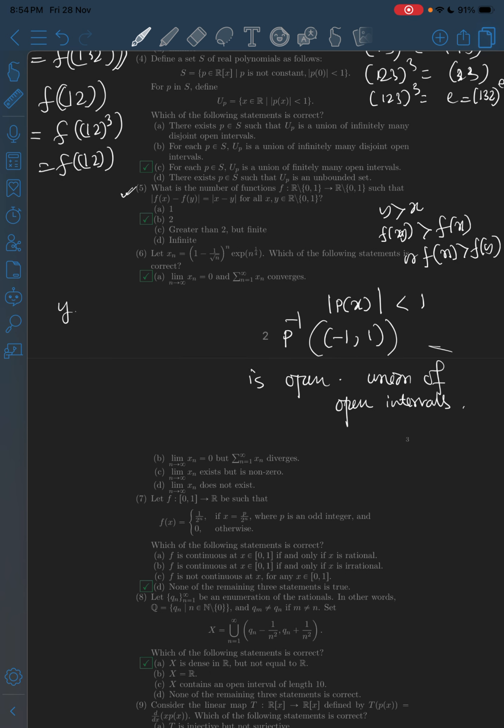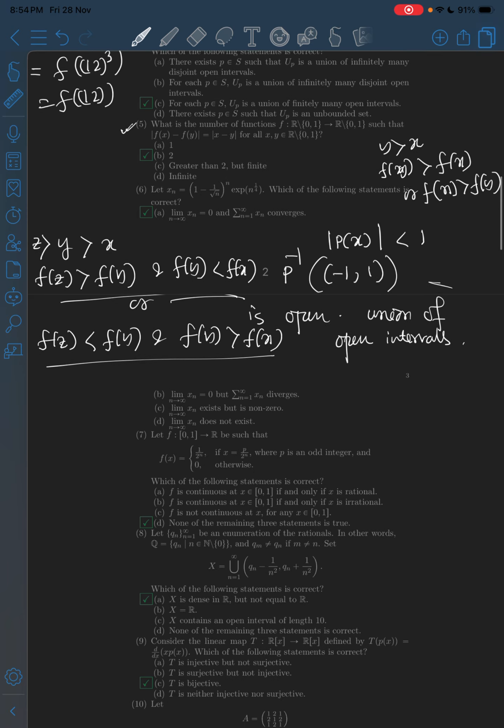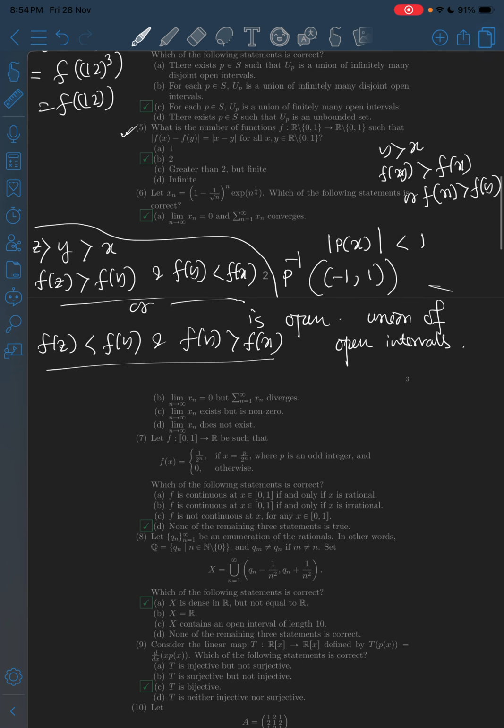Like you choose y greater than x greater than z, and f(z) greater than f(y), and f(y) less than f(x). Is this possible or not? That's my first question. Or in other words, f(z) less than f(y) and f(y) greater than f(x). You can check anyone, because the other is just the reverse. So is this possible or not? That is my first question.